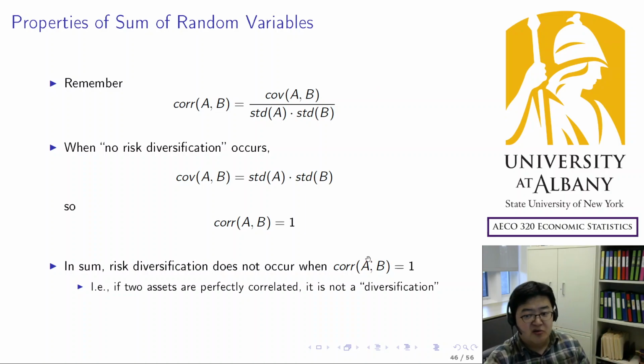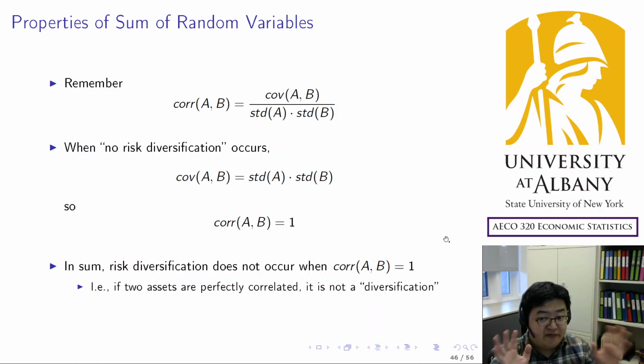We learned mathematically that risk diversification does not happen when correlation equals 1. Equivalently, whenever the correlation is not 1, you can enjoy the risk diversification effect.